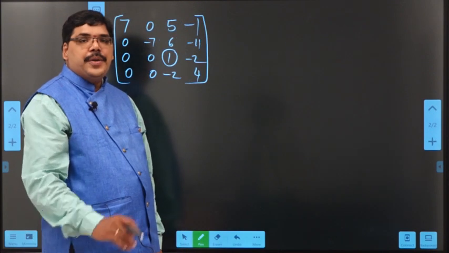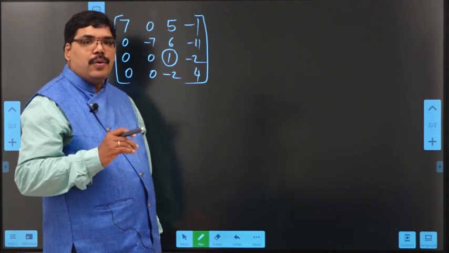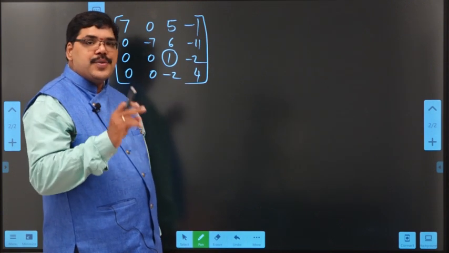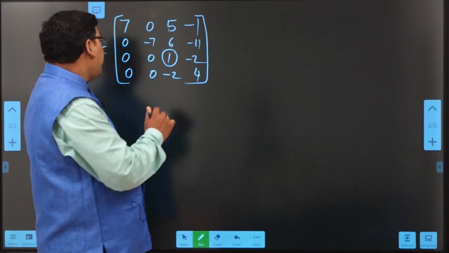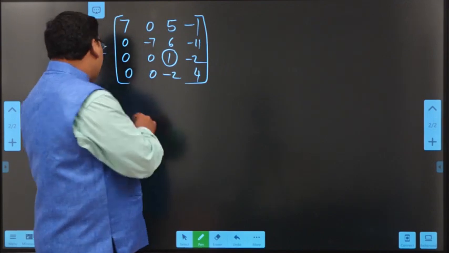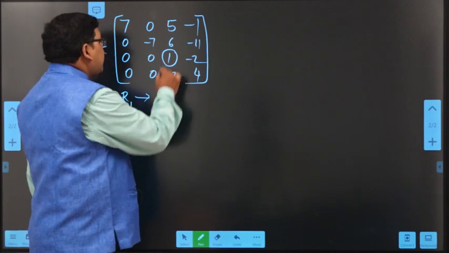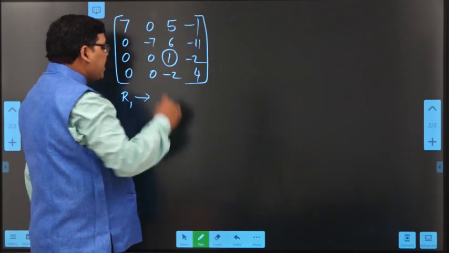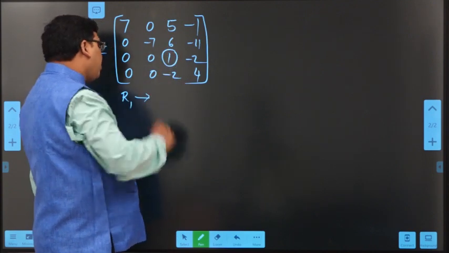Now we reduce the elements which are in the third position of every row into 0 by using the third principal diagonal element. What is there in the third principal diagonal? The element there is 1. So we can apply the following row operations. I want to change 5, 6, minus 2. They are in the first row, second row, fourth row.